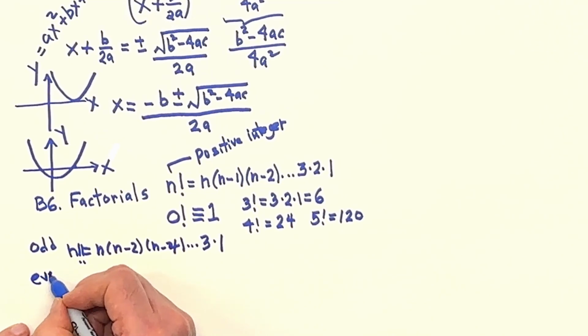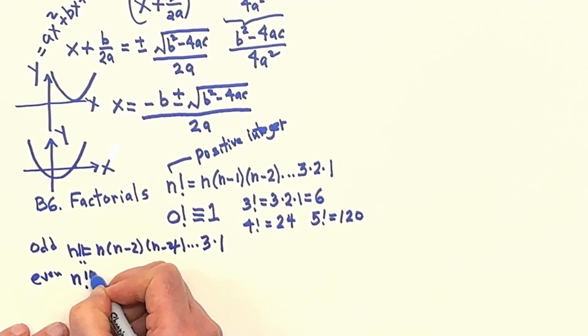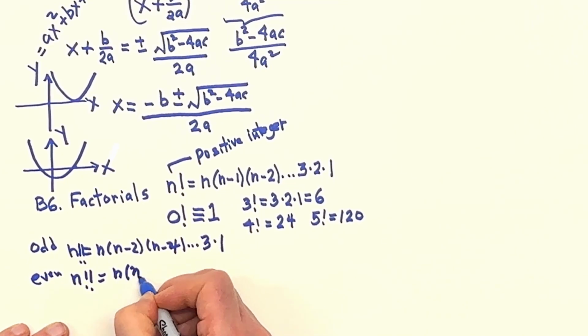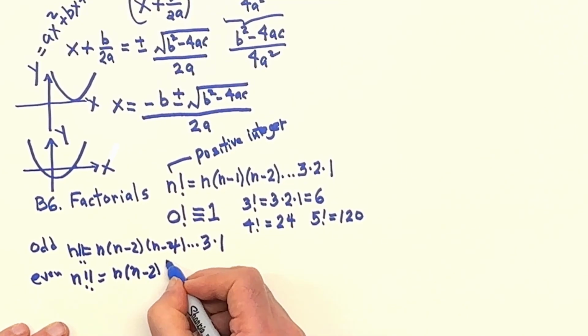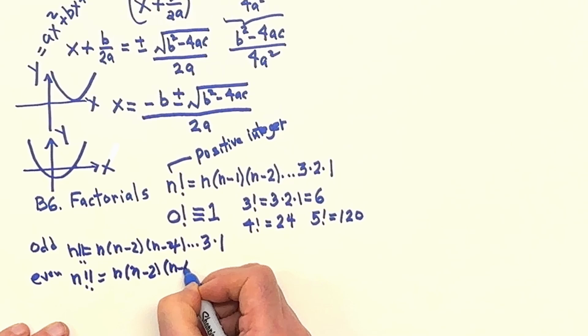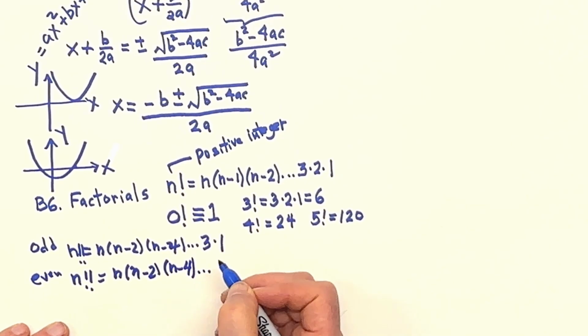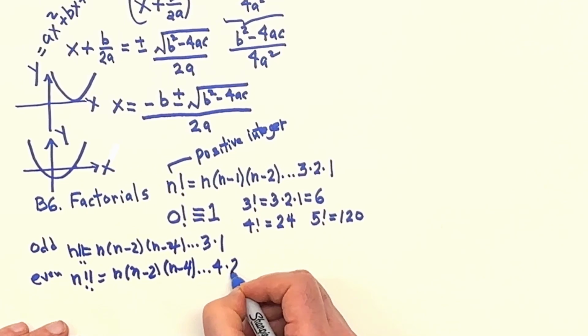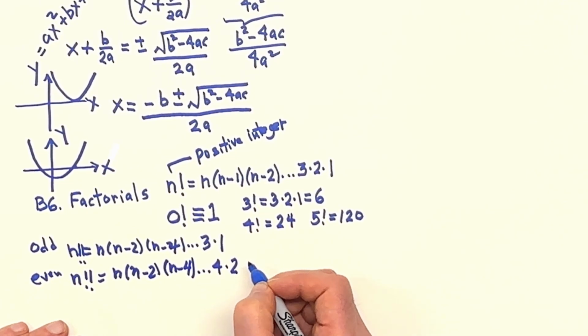If it's an even number, then n double factorial would be n times n minus 2, same idea, n minus 4, but then since it's even, you'll finally wind up with a 4 times 2 at the end.